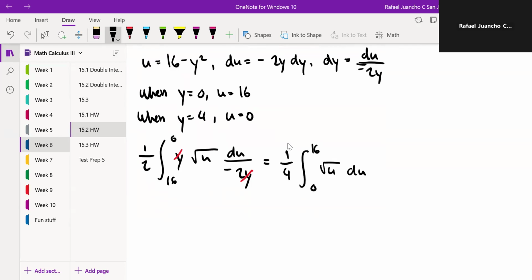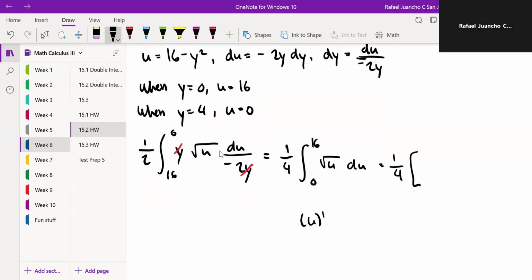Right? Now I have that because I kind of saved it. I put the negative out and then this just switches bounds. And then from there I can clearly integrate this thing.